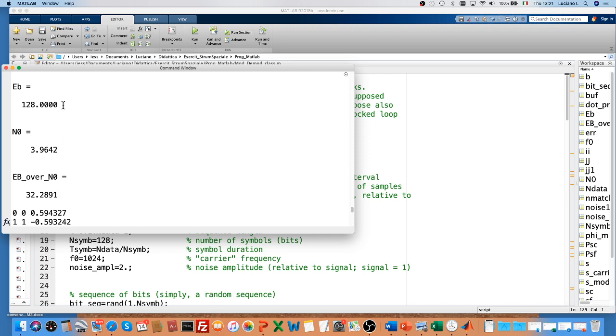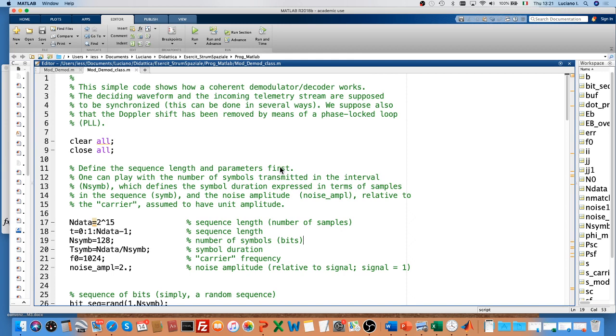And the ratio Eb over N0 is equal to 32. So no surprise, according to the curves that we have seen, that with such a large energy per bit, there is no error. We are not committing any error. No surprise.